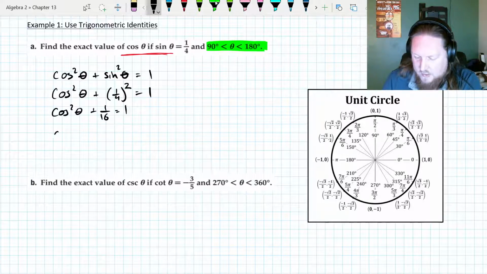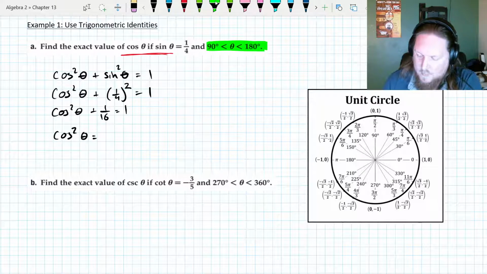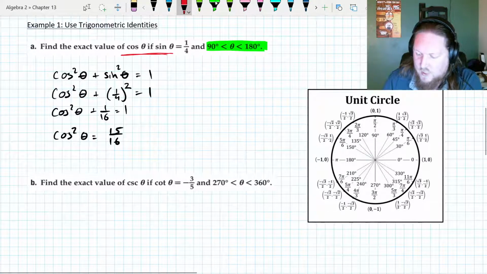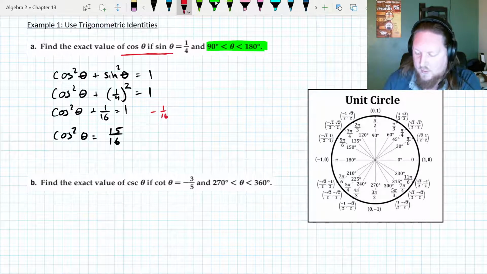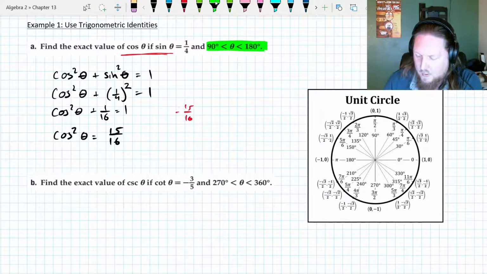Subtract 1/16 from both sides. Cosine squared theta equals, sorry, not negative 15, how about just 15 over 16? I just subtracted 1/16 from both sides, right? So 16/16 minus 1/16 is 15/16. That's all that was right there.